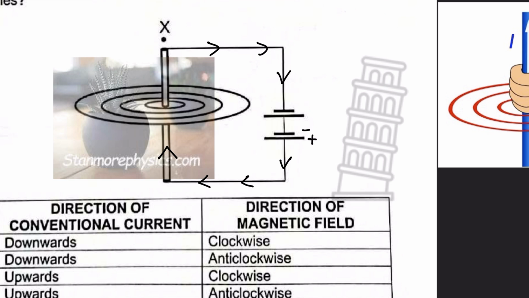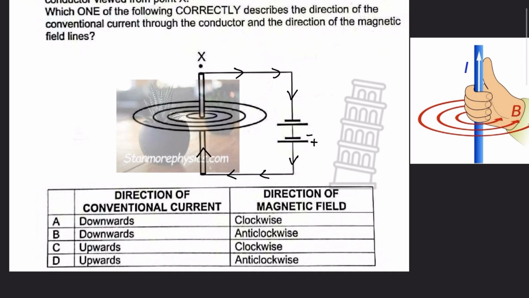Okay, so if you are viewing it from point X, meaning you are looking downward, the conventional current is going to be moving upward toward you. Okay, so we have option C and option D.